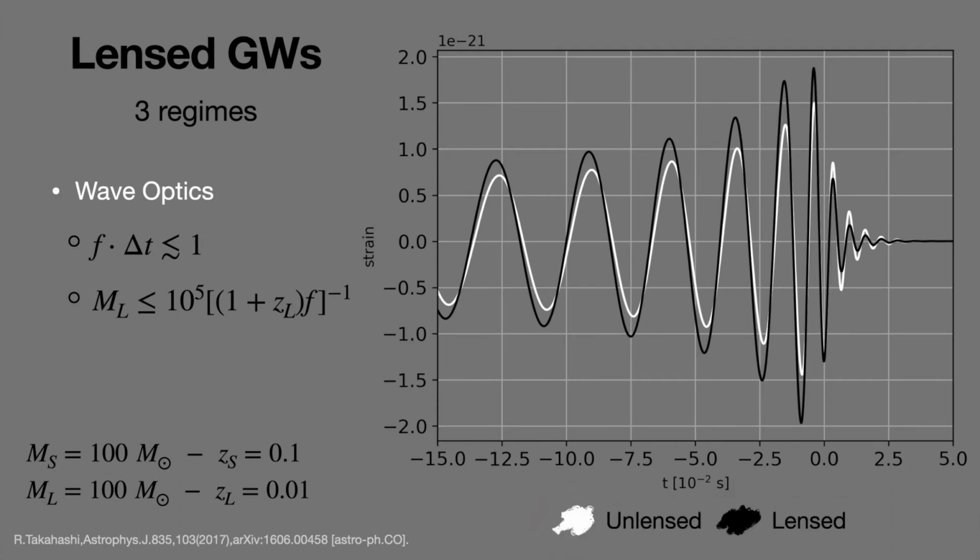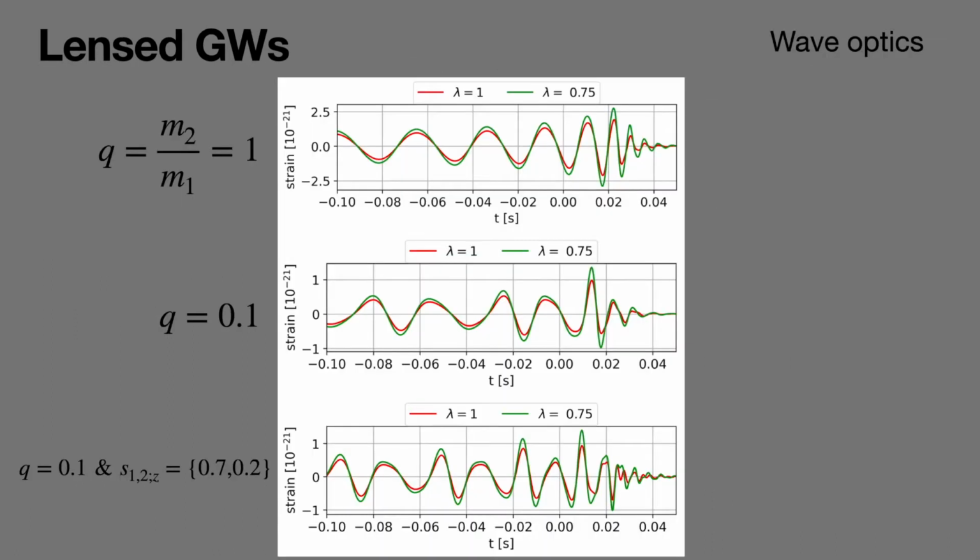Then we have the wave optics case given by these conditions here. Here we always have only one image as the result of the lensing, which is modulated with respect to the unlensed one, as we can see from the example I'm showing here. So here the situation is different from before because the transformation with lambda changes the shape of the waveform and not only its magnification.